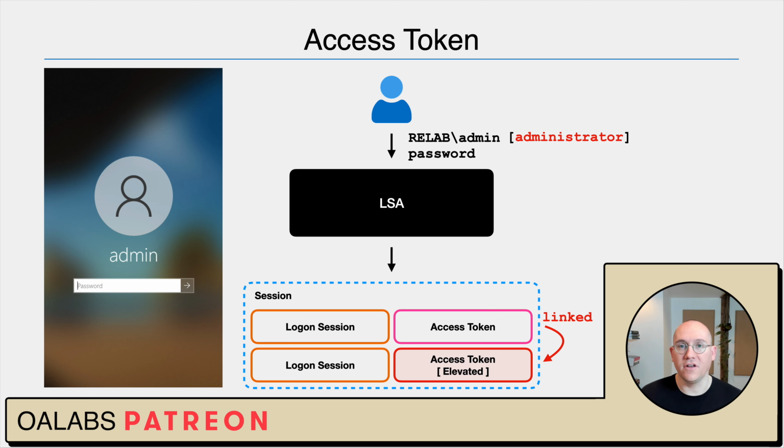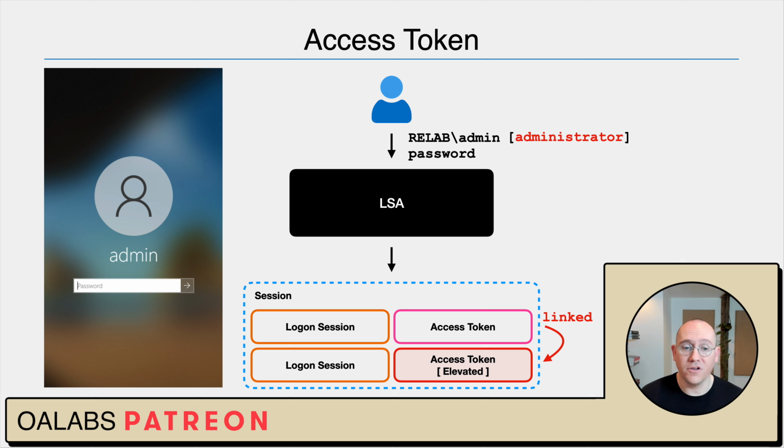And the spawned process will actually have a copy of the elevated token, not the standard access token. We're going to talk in a minute about how the tokens are propagated to processes that you spawn, but for now, just know that the elevated tokens are copied into any elevated process that you spawn, and the standard token is propagated into any standard processes that you spawn.